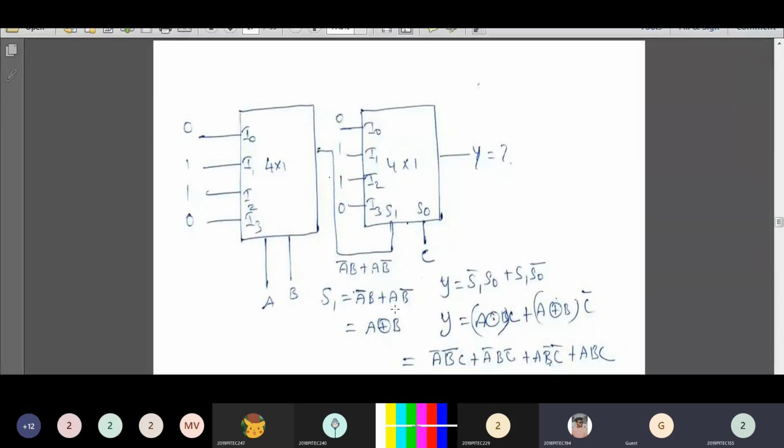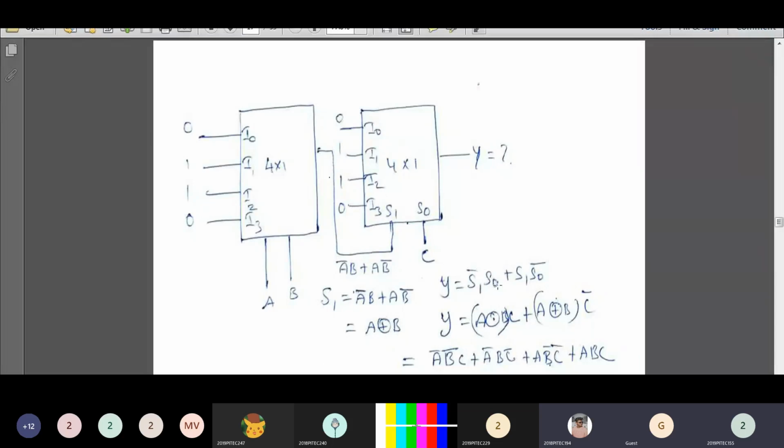If you take the complement of XOR, this expression will become XNOR. S1 is A XOR B, and taking the complement, this will become A XNOR B. So you can write the expression as Y is equal to A XNOR B.